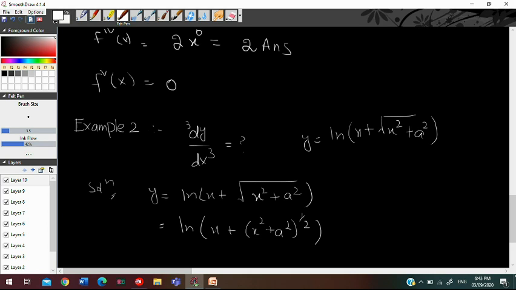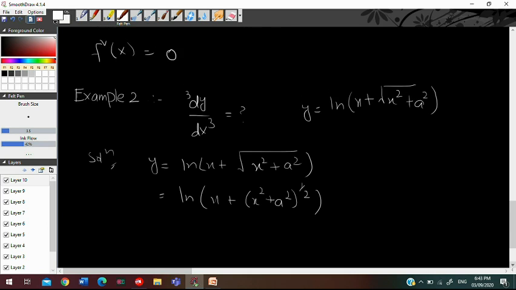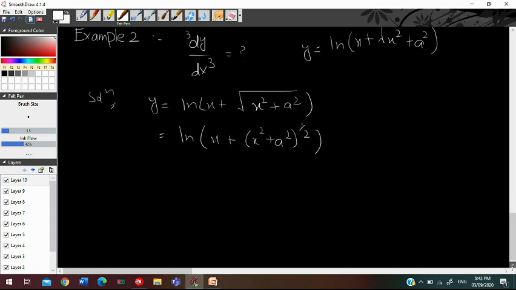Okay, now when we start the differentiation rule, first we write dy by dx. We apply the derivative on both sides of log of x plus (x square plus a square) power 1 by 2.